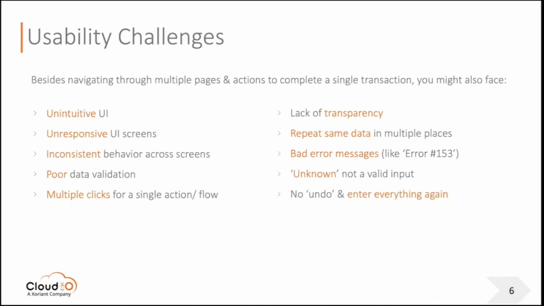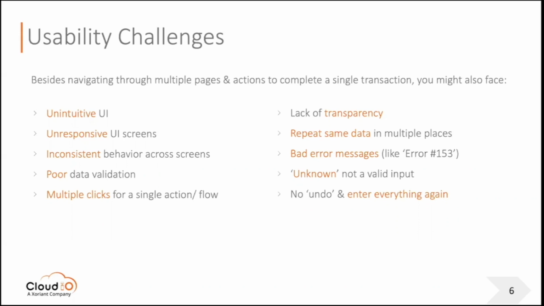We also have a lot of issues with respect to transparency. When I say transparency, it accepts the data here, but it's not accepting it elsewhere, and there are bad error messages. And then when you make a mistake, you have to enter everything once again, right? So these are some of the issues that we see with the traditional native interfaces.